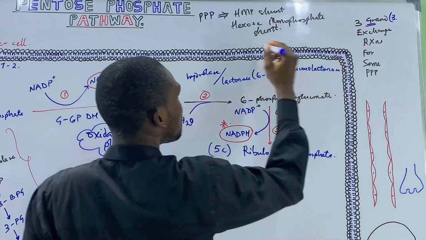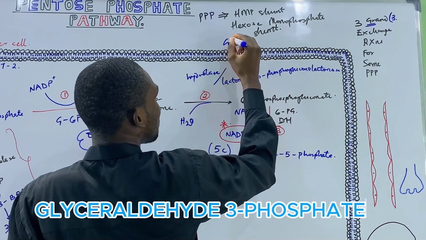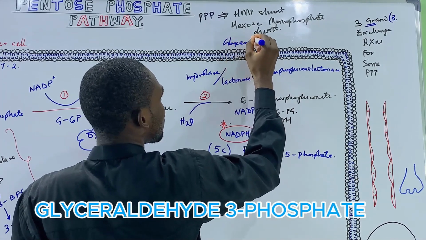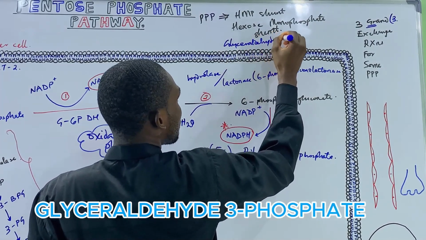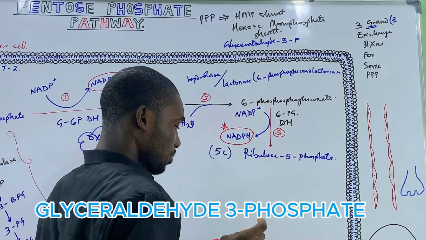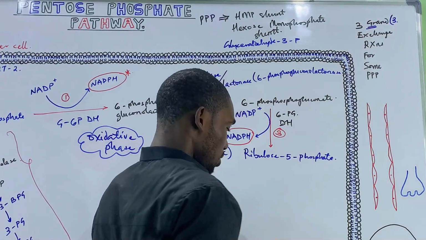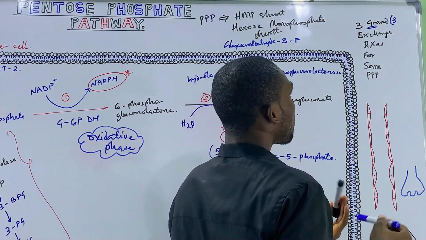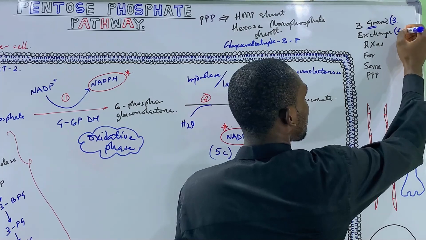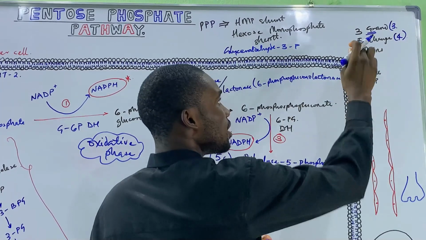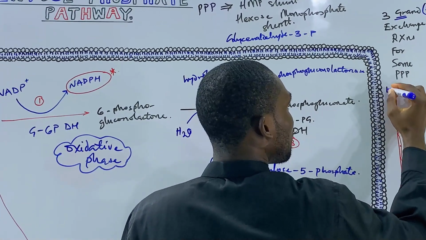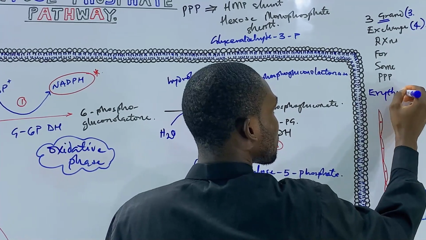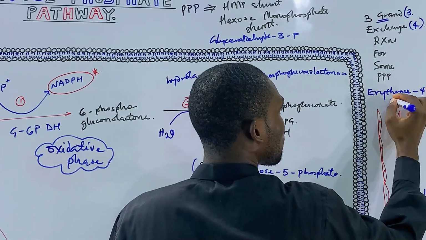So the G over there represents glyceraldehyde 3 phosphate. Then the next one would be how many carbons? 4 carbons. So the next one would be 4 carbons, and that would represent E. That's your erythrose 4 phosphate.